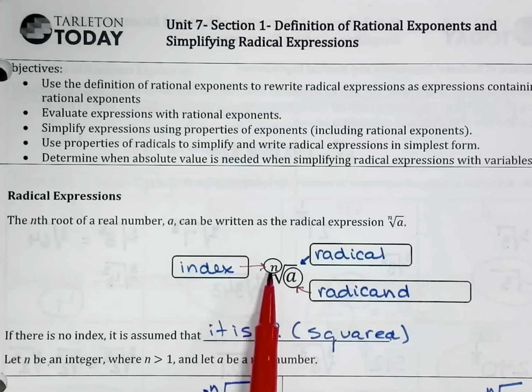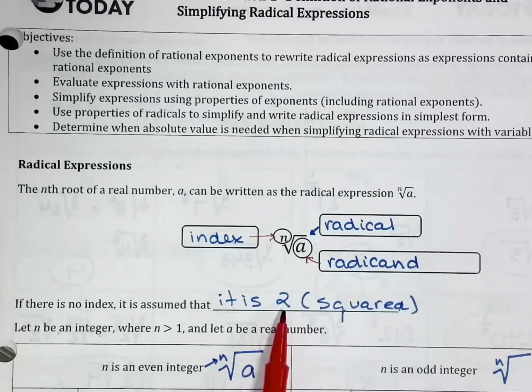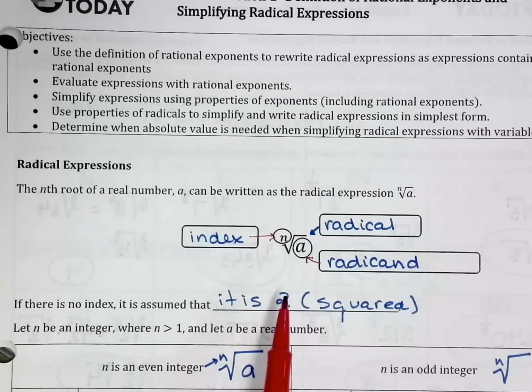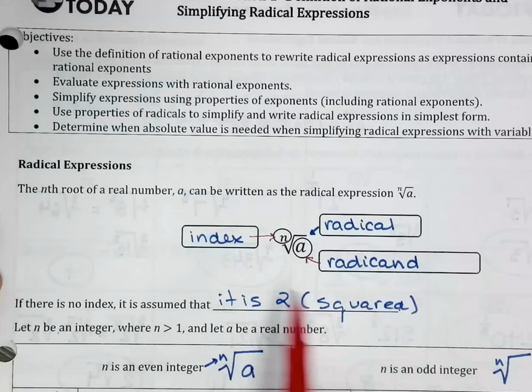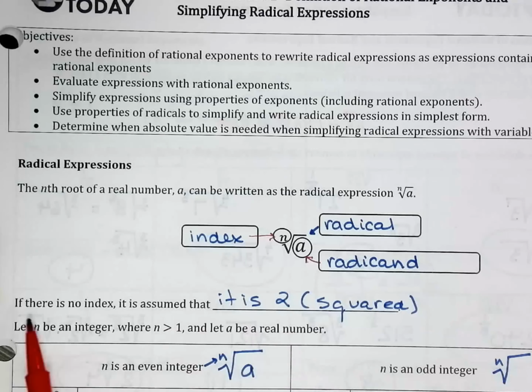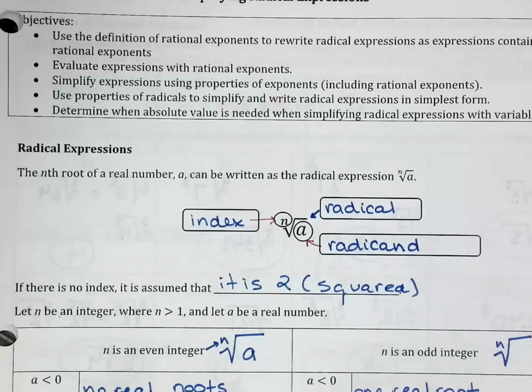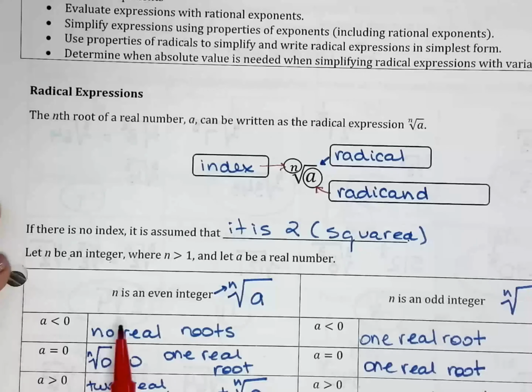Sometimes when you don't have a number right there for n, the default is assumed to be 2. That's why we usually say square root. So if there's no index, it's assumed to be a 2, which means the square root.